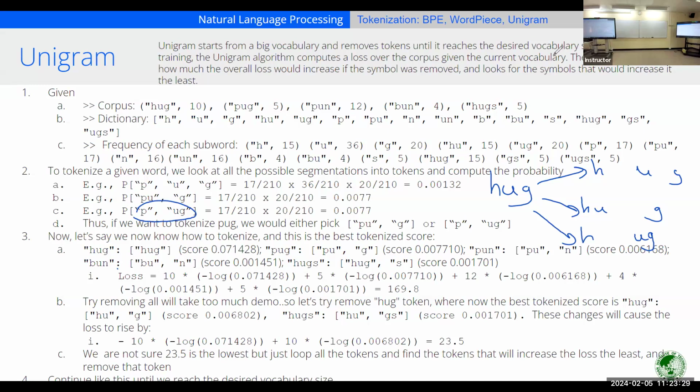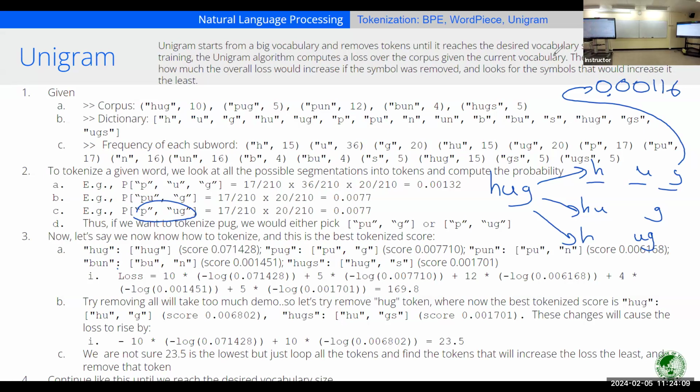So what is the score for the first one? How much? 0.016, correct? Yep.